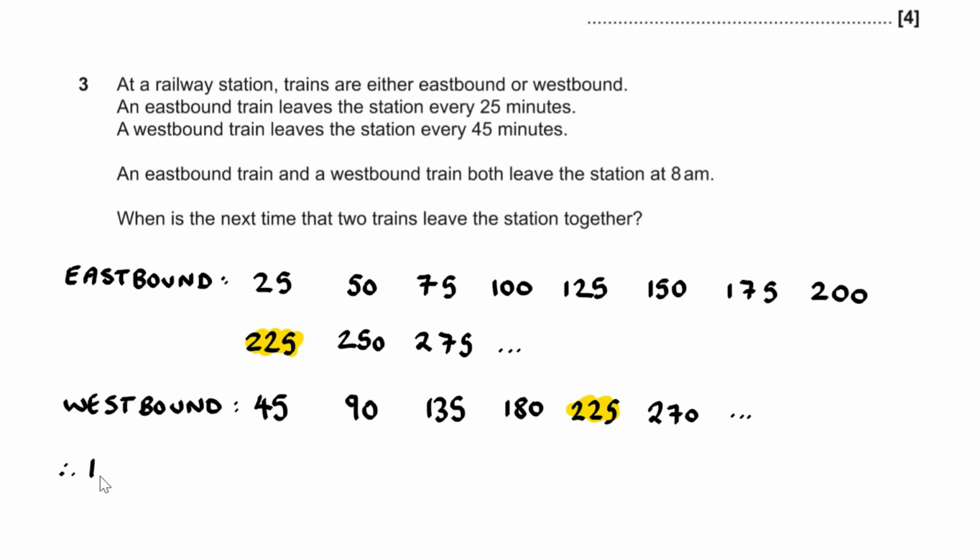So therefore the lowest common multiple of 25 and 45 is equal to 225.